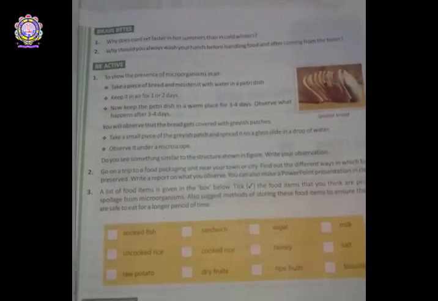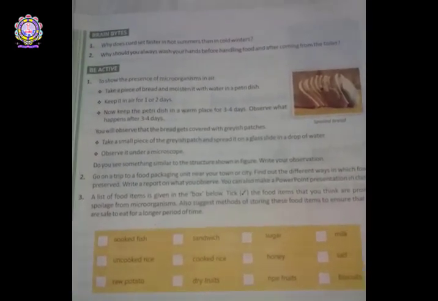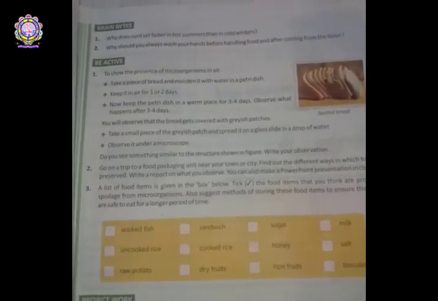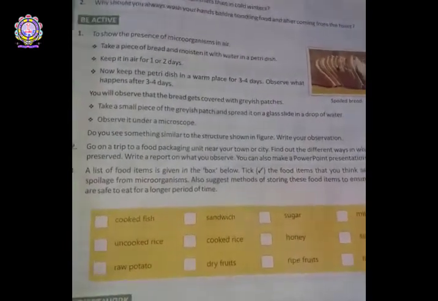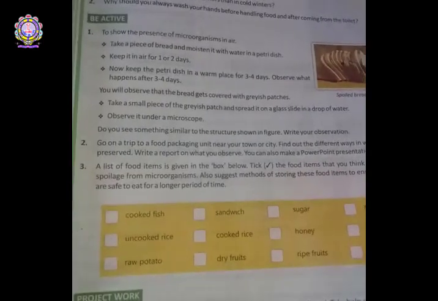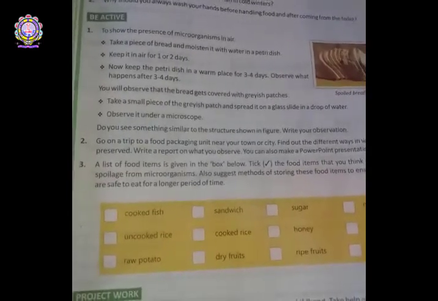Next are some activities for showing microorganisms. You can easily see some microorganisms at home.